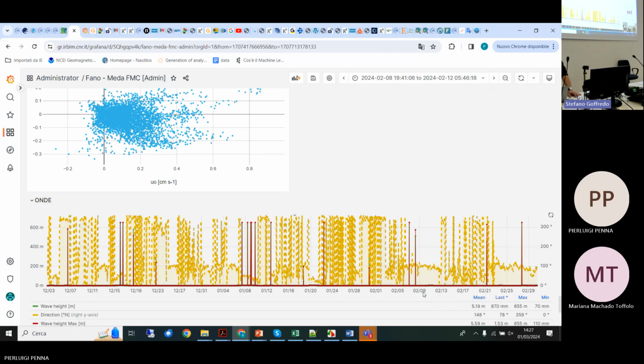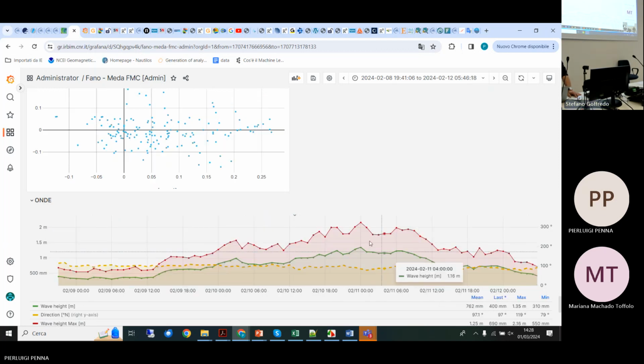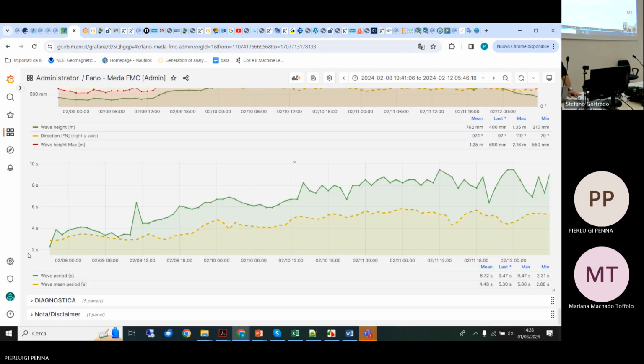You can make a zoom in this part. Okay. The 2 meters of wave height max. And this is the period and the zero crossing. So just to make an example of what we are talking about this morning in applied way.